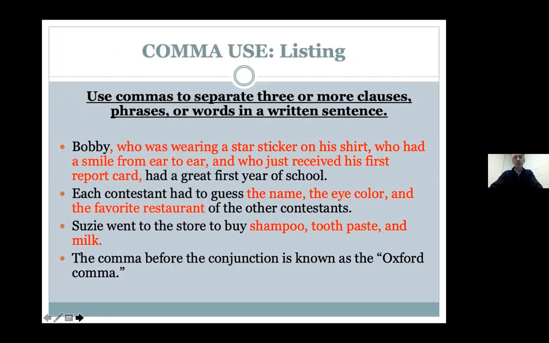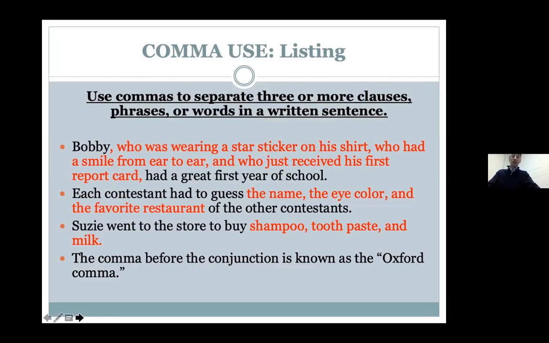So sometimes we have a list. When we have more than two items in a list, we can use commas to divide those items. And you can see sometimes you have a word, like, Susie went to the store to buy shampoo, toothpaste, and milk.